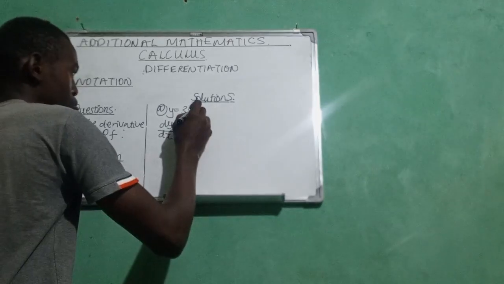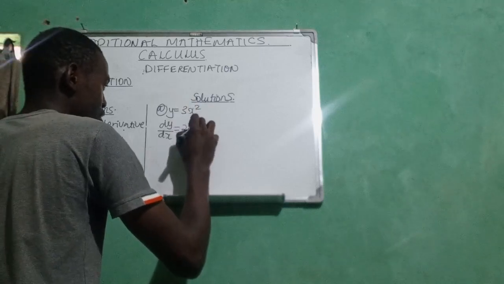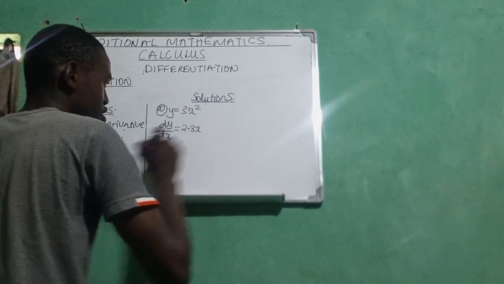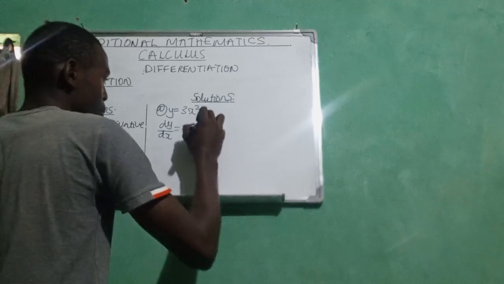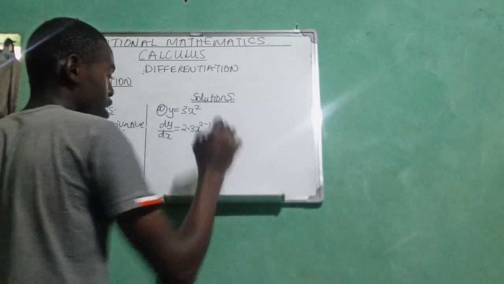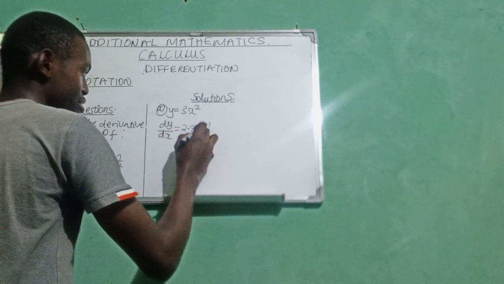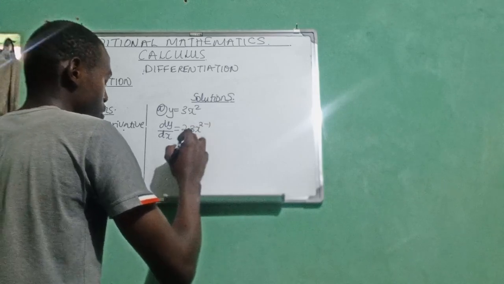So this number 2, you multiply by 3. 2 times 3, then x, you maintain the x, the power there is 2, you also maintain the power, then you subtract 1. So 2, you multiply by 3, maintain the x and the power, then you subtract 1.